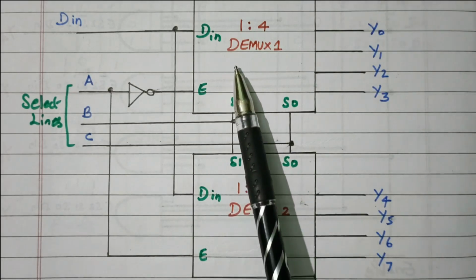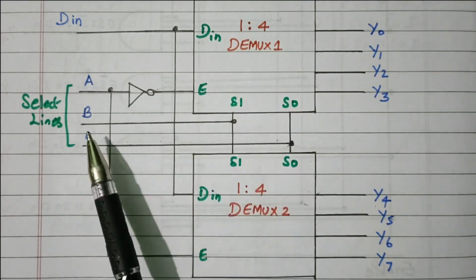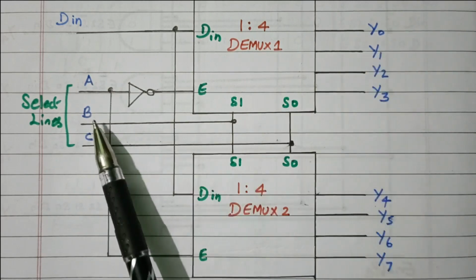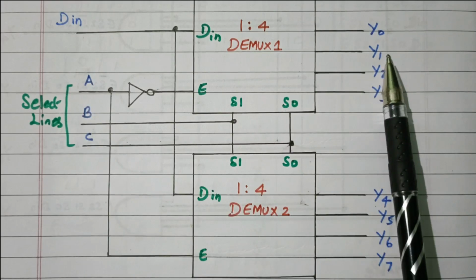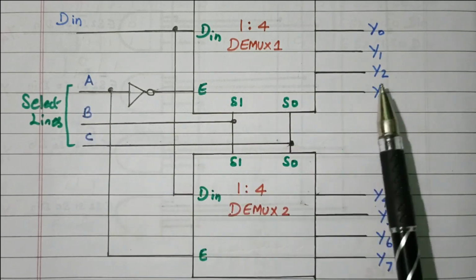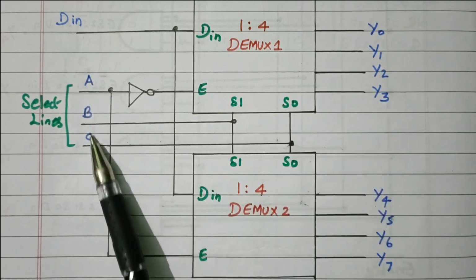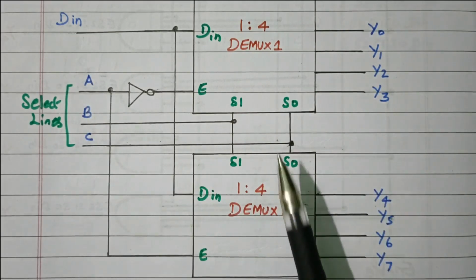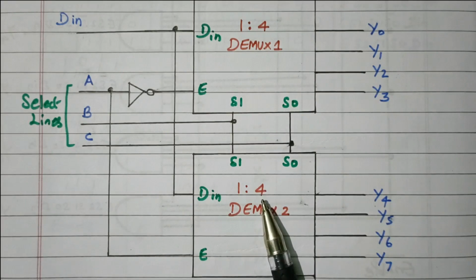So what will happen if demux 1 is enabled? 0 0 means we will get y0 as the output, 0 1 means y1, 1 0 means y2, and 1 1 means y3. Similarly here, at a time only one demux will be enabled, and the other demux will be disabled, right? So based on that, we'll go to the truth table. Now we'll see the truth table.